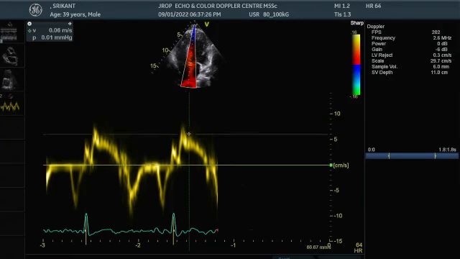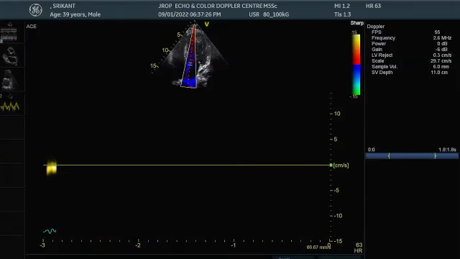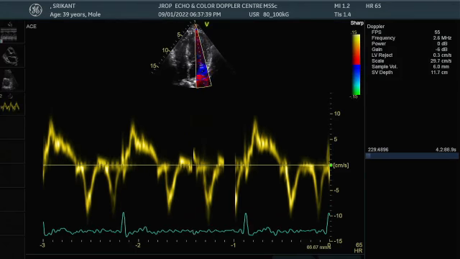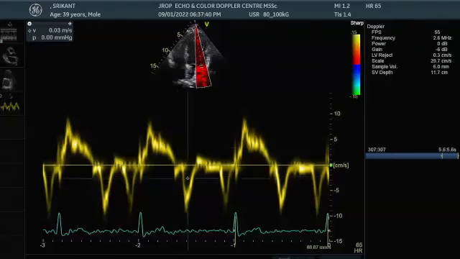So I'm going to show you the septum, keeping a sample volume right into the annulus. This is septum. This is E prime. This is A prime velocity. Then comes the lateral annulus. So this is lateral annulus and this is E prime of the lateral annulus.